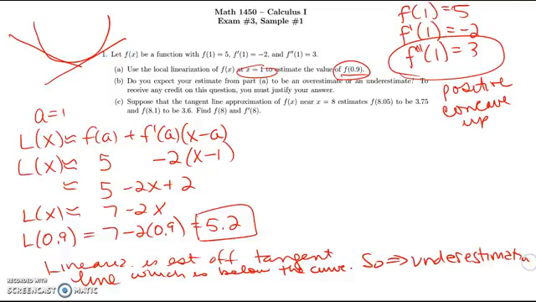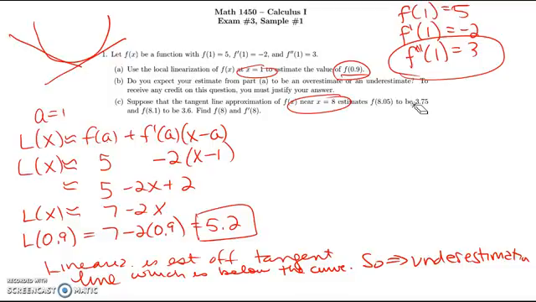Okay? And then it says, suppose the tangent line approximation near x equals 8 is this, and it's 3.75. So we can actually figure out f of 8 and f prime of 8. So let's look at that.